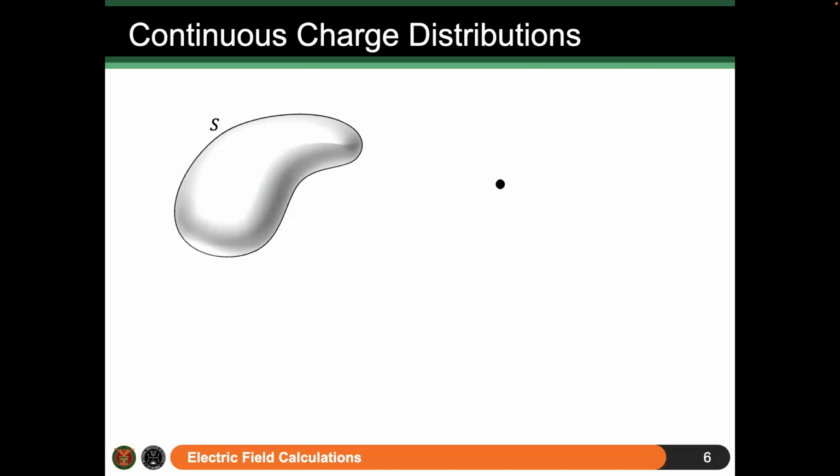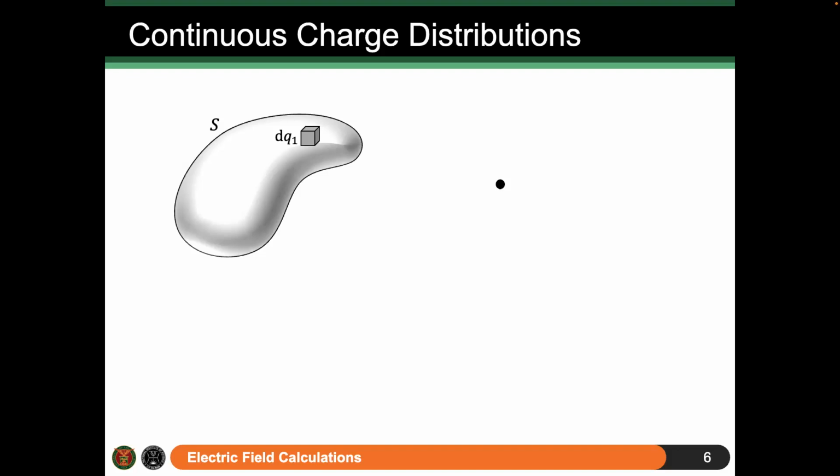In calculating continuous charge, we consider the whole system S, and then we consider each infinitesimal charge inside the system. For example, dq1.